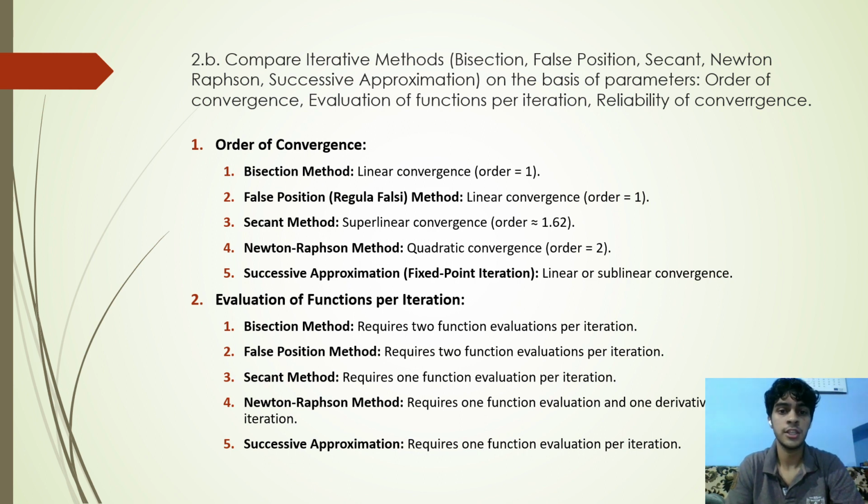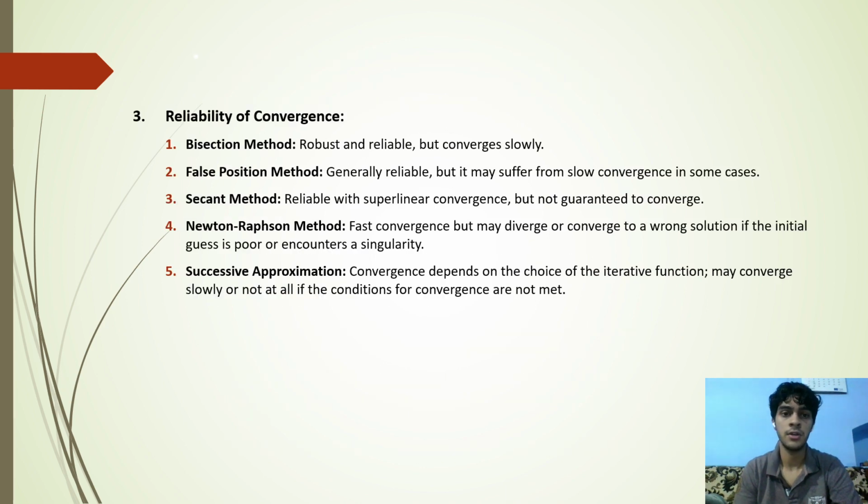Evaluation of functions per iteration: bisection method requires two function evaluations per iteration, regula falsi method requires two function evaluations per iteration, secant method requires one function evaluation per iteration, Newton-Raphson method requires one function evaluation and one derivative evaluation, successive approximation requires one function evaluation per iteration.